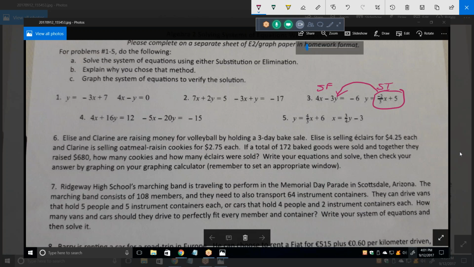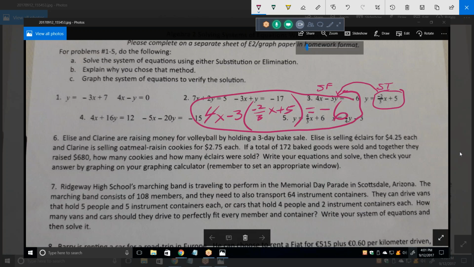If I take this y and substitute it into the standard format, what do I get? I get 4x, keep going. Minus 3, and then in parentheses, negative 2 over 3, x plus 5. And that's equal to minus 6. Notice that now I have one equation and only one variable.